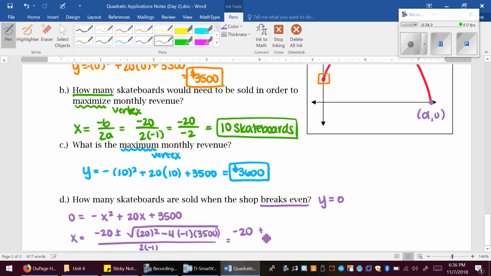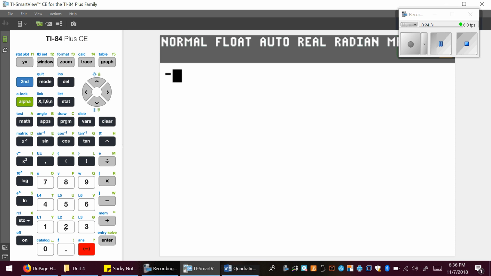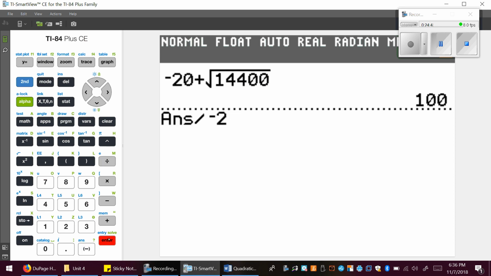If I type the discriminant into my calculator, I will get 14,400. If I do negative 20 plus the square root of 14,400 and divide by negative 2, I get negative 50.